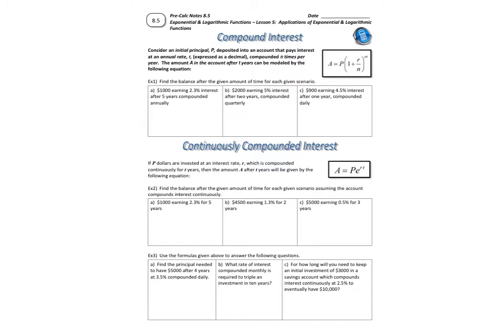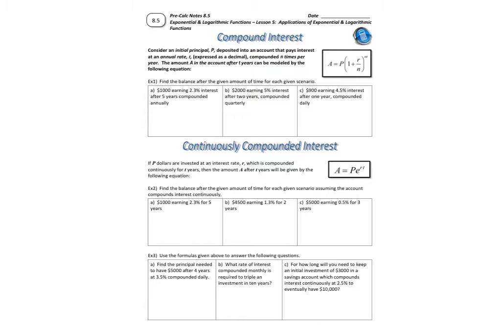So what I want to do is start with compound interest and then just get a basic idea of what interest is, and then move on to continuously compounded interest. Then we're going to look at some other situations with growth and decay, and talk about things like population growth or radioactive decay, and talk about how we use exponential functions with the letter e in order to do certain computations of that nature.